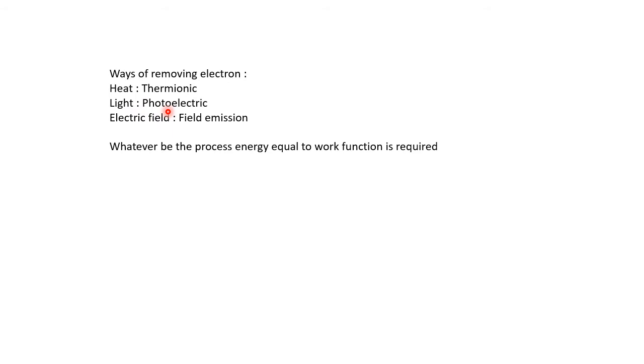Such emission is known as photoelectric emission. The third type is when the metal surface is under the influence of a very high strength electric field. Such emission is known as field emission. Now note, whatever the process of electron emission, the energy required will always be equal to the work function.